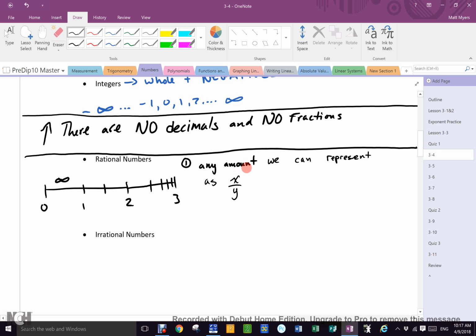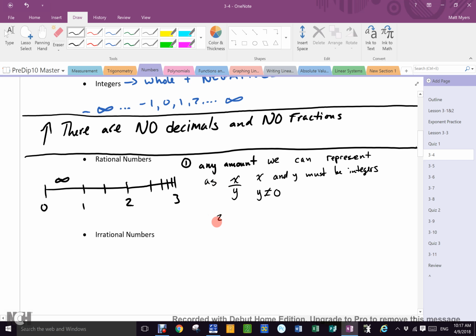Anything we can write as a fraction, but there's some rules. x and y must be integers, and x and y cannot equal 0. If you ever see anything with a numerator and a denominator, and x and y can be represented as integers, you have a rational number. Is everybody cool?